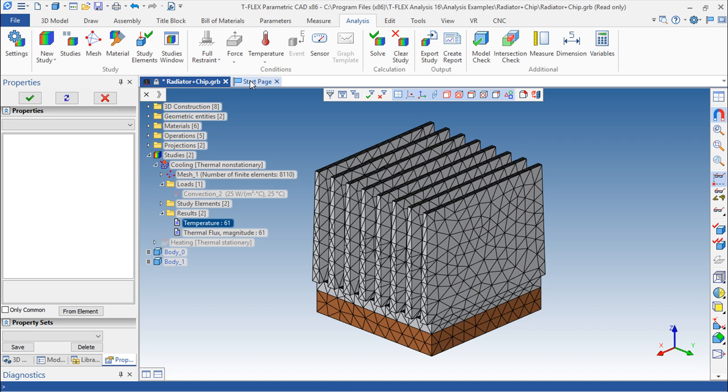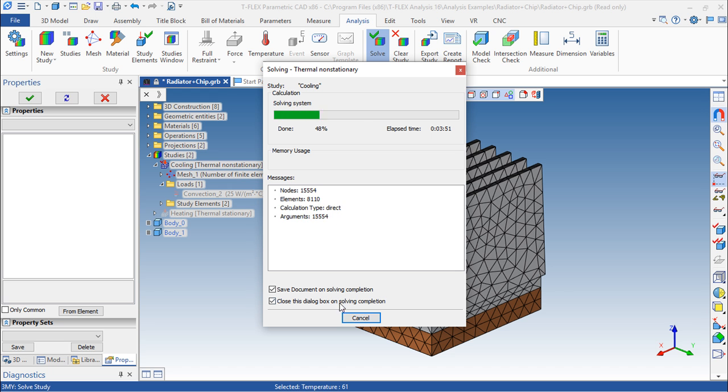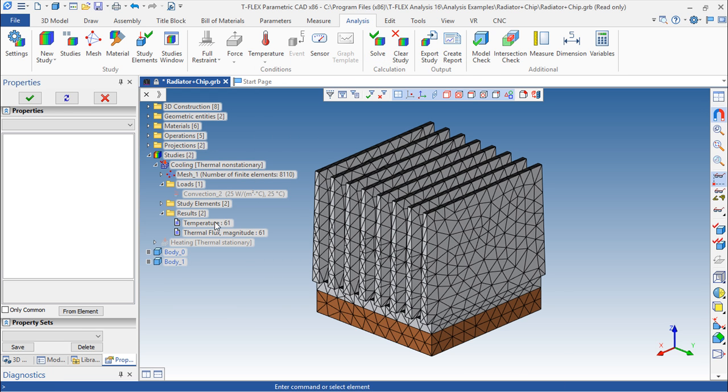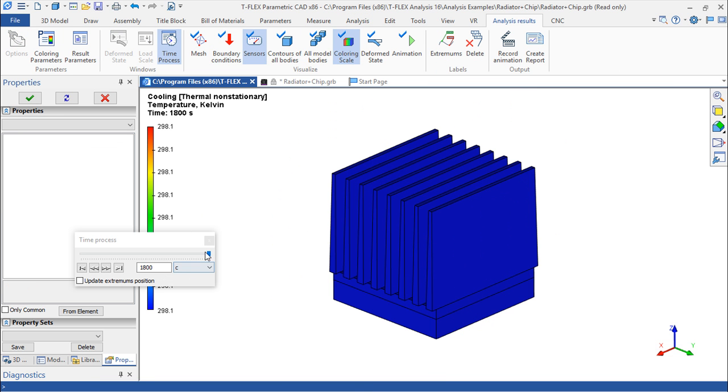We should be careful with the definition. I defined 25 Kelvin, which is very low, so Celsius, sorry. Let us calculate it again because I don't want to leave this message. Okay, now it should be a little different.